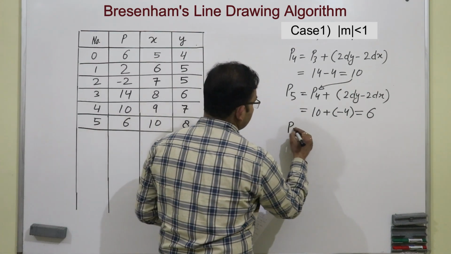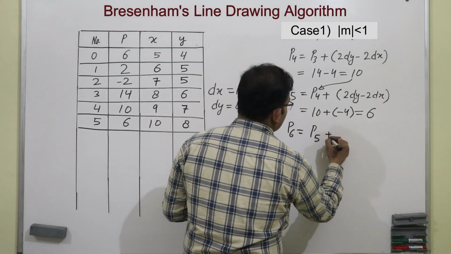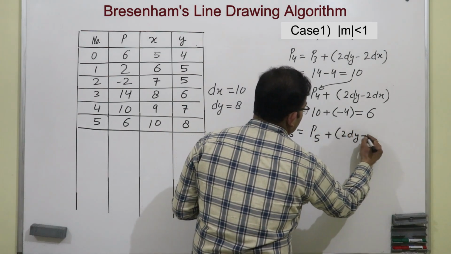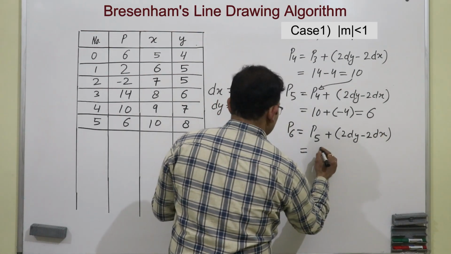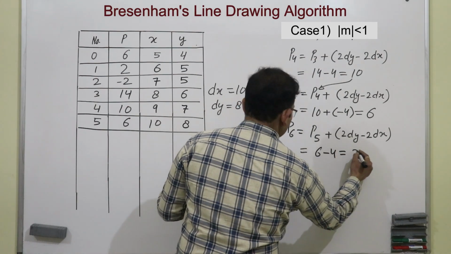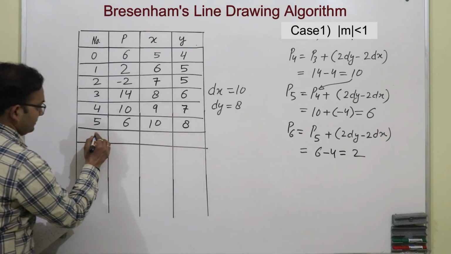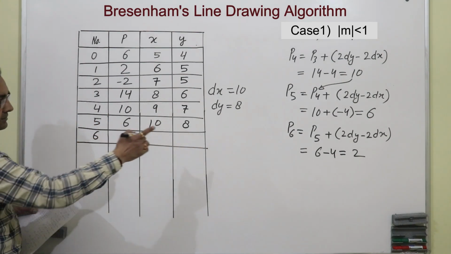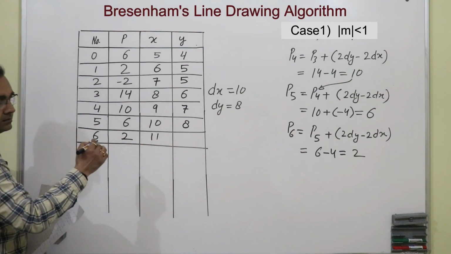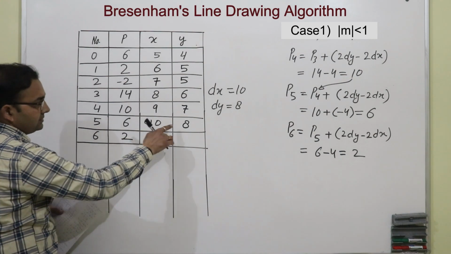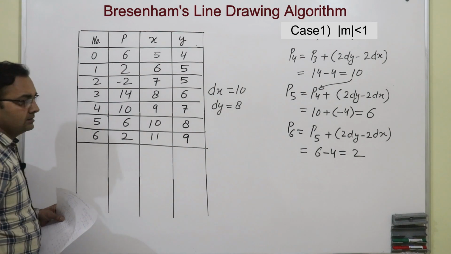Then P6 equals P5 plus 2dy minus 2dx, 6 minus 4 equal to 2. The P6 value is 2, so x will be 11 and it is positive. So there will be an increment in y, it will be 9.